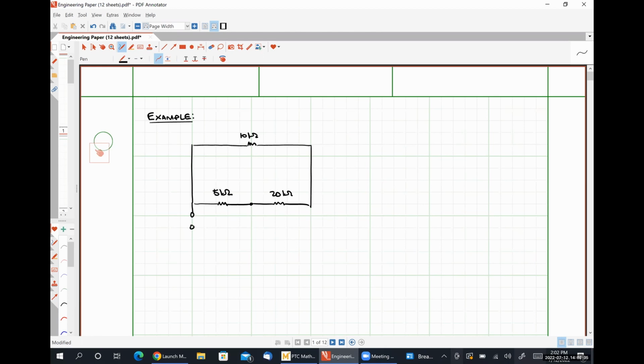Here we're going to have a switch that will close at t is equal to 0, and this is connected to a 40 volt source.